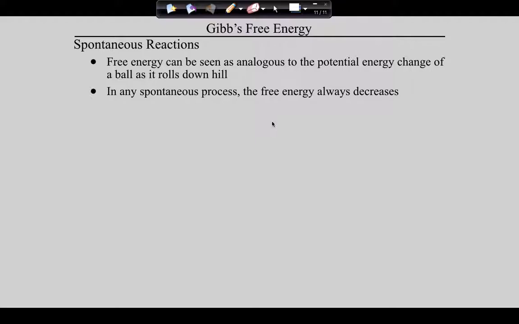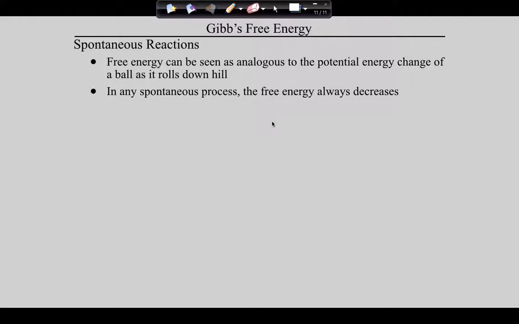What we're going to talk about now, just really briefly, is where do we come up with these numbers? All you need to understand right now is there's this thing called delta G, Gibbs free energy, and it is a bringing together of enthalpy and entropy. The change in Gibbs free energy tells us spontaneity. If Gibbs free energy is going down, it's spontaneous.